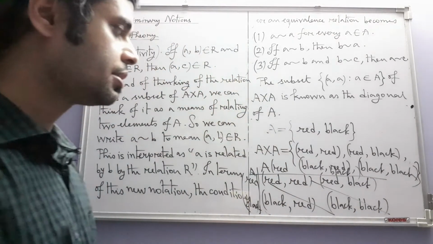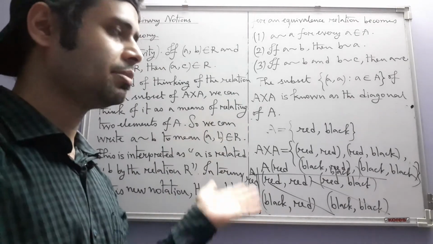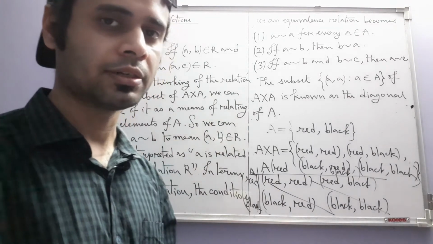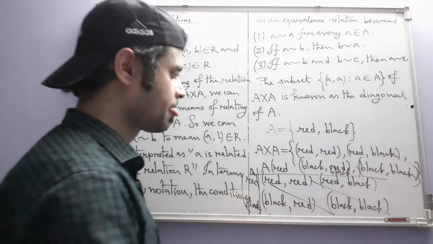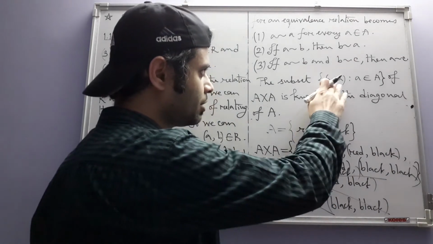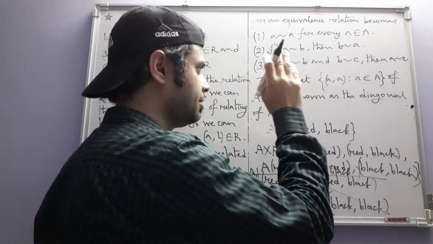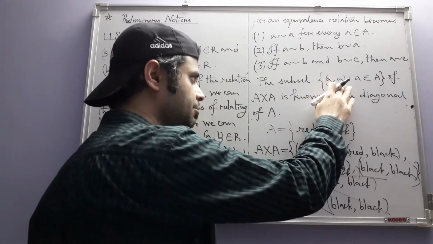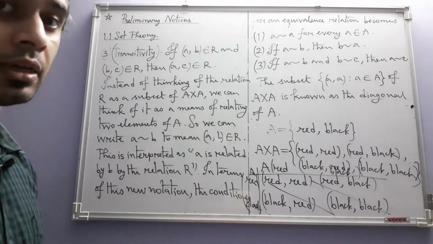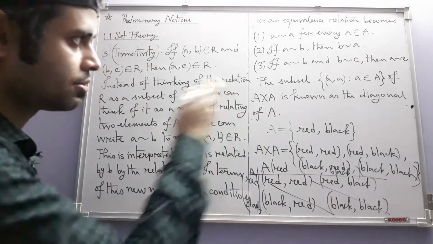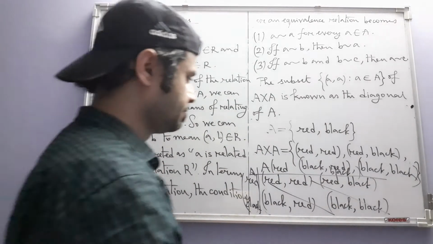The diagonal consists of the leading diagonal of this matrix, if you know what I mean. If you look at the definition, it consists of those ordered pairs where the coordinates are the same. So in that sense, it is known as the diagonal.